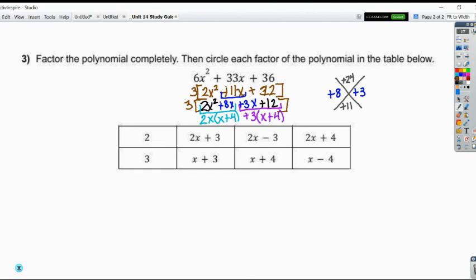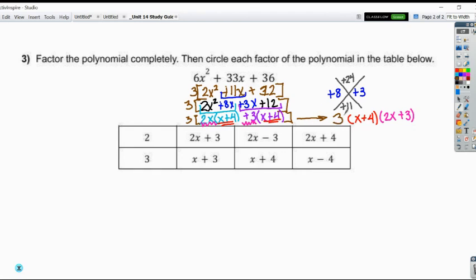And we still have, yes, it's still got a greatest common factor of 3 tagging along. So you see those matchy-matchy parentheses in there now, right? So the x plus 4 and the x plus 4 are going to be one set of parentheses in my answer. And then greatest common factor that we pulled 2x, along with greatest common factor that we pulled plus 3, makes the other set of parentheses, and greatest common factor of 3 was involved.